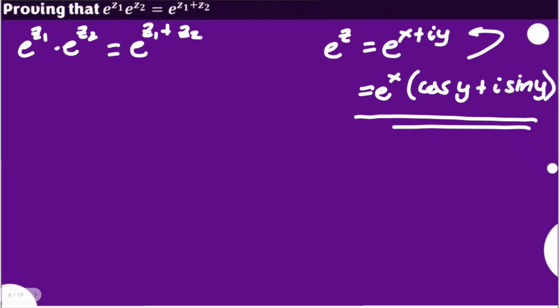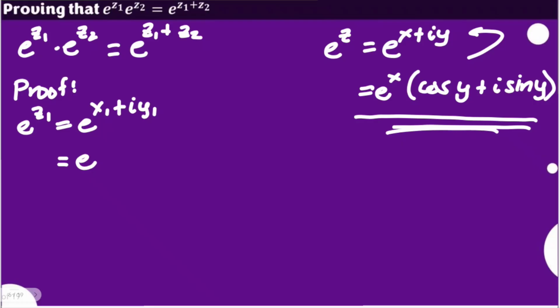So how do we show the result for this specific item? This is the proof. Let e to the power of z sub 1 be equal to e to the power of x sub 1 plus i y sub 1, which is also equivalent to e to the power of x sub 1 times cosine of y sub 1 plus i sine of y sub 1.